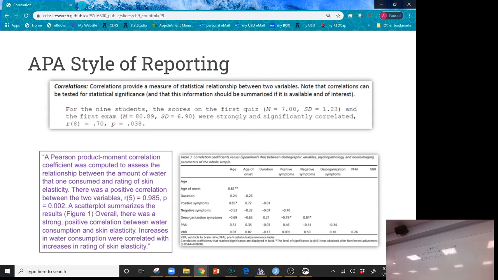Now, why didn't they just write 7? Did they really need the 0.00 there? The rule is two decimals, but why is it important to show 0.00? Anyone have any ideas?